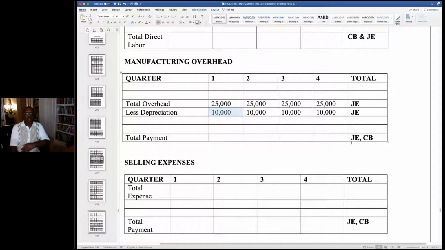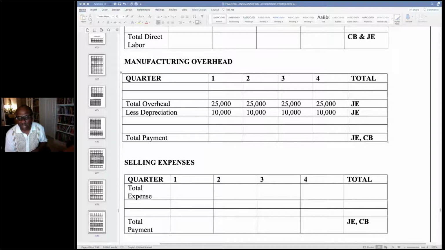Then your total payments are here. You add it up and you're done, okay? You got that, Team 5? You should be able to knock that out. Administrative expense works the same way.